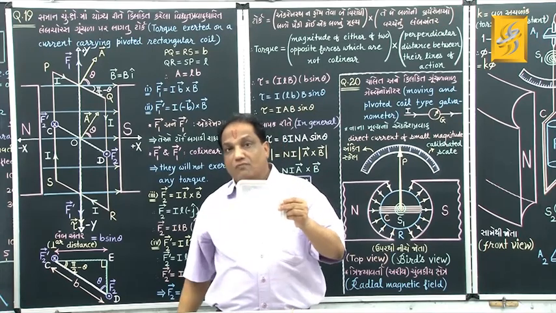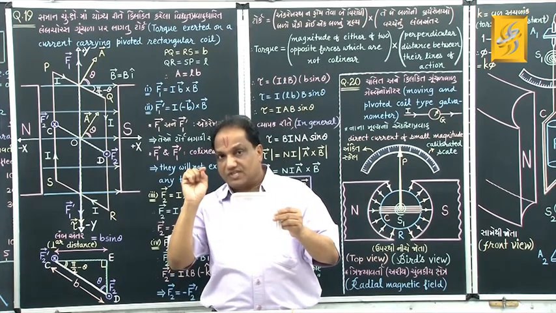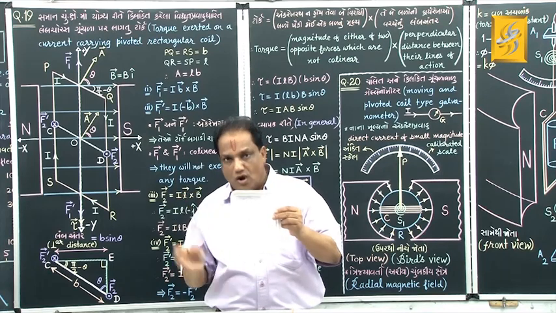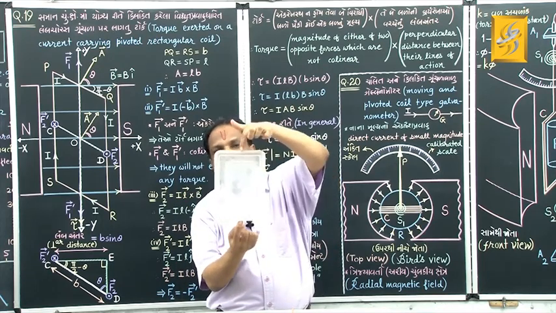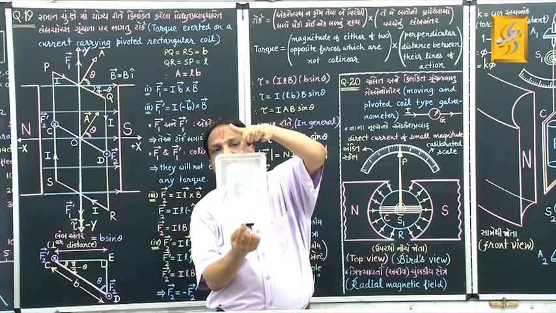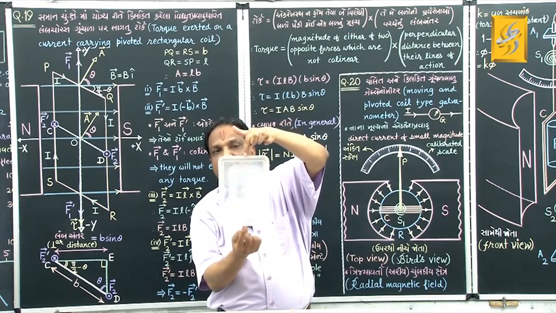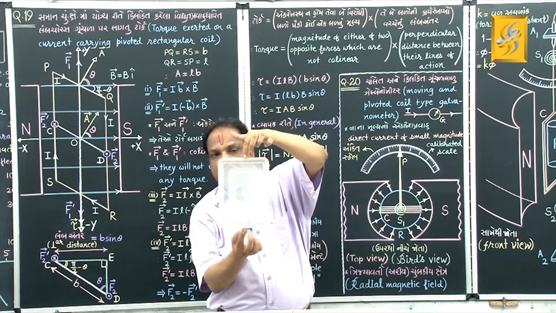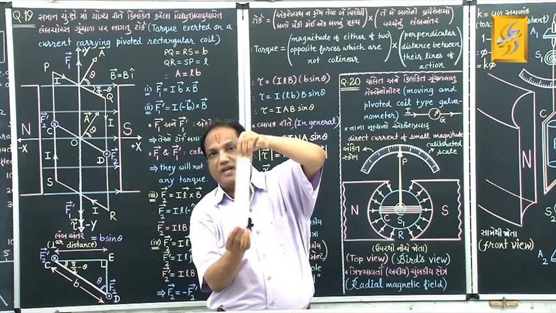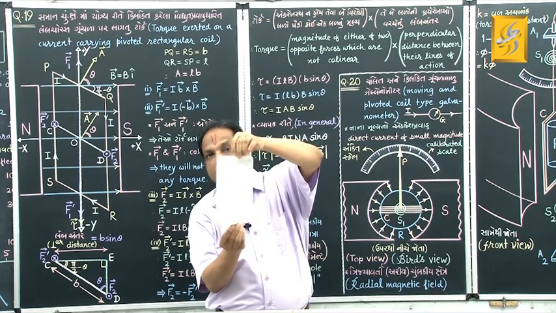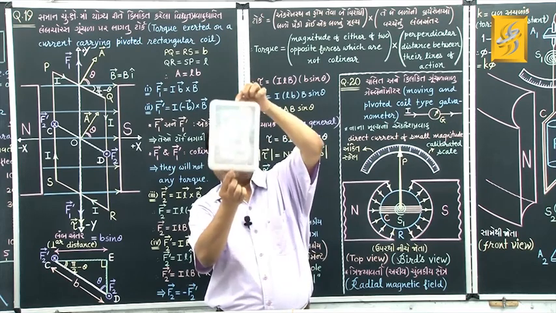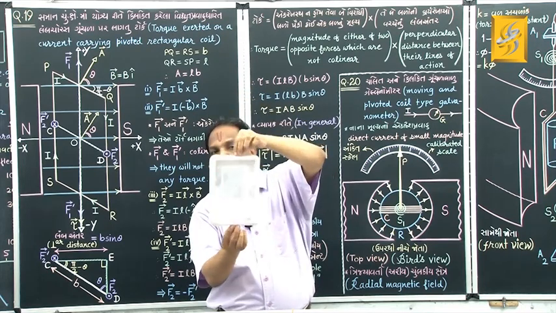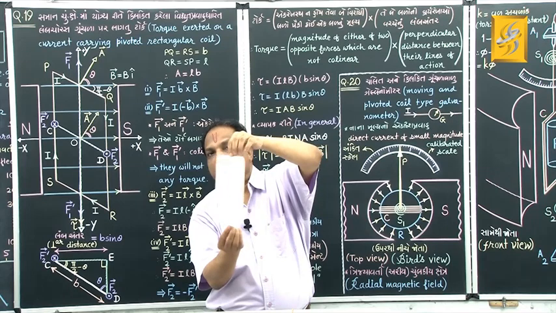We just fix that rectangular coil between two pointed ends this way, such that though it is arranged between these two pointed supports, it can rotate quite freely about the vertical axis, but yet it is not getting displaced. So no translational motion, but only rotational motion.